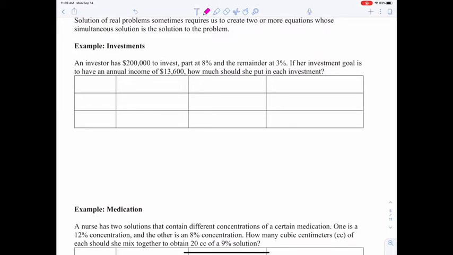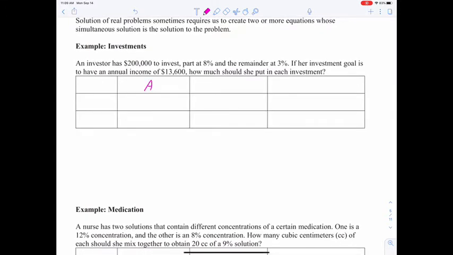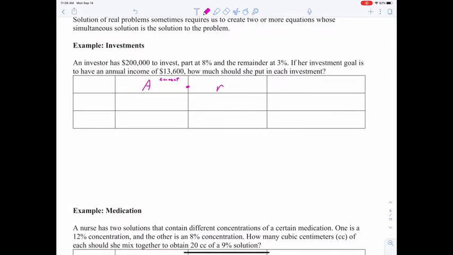So we're going to use the equation, this one right here: A, amount of money, times, so I'm going to use the dot for times, R, which is the interest rate, equals I, the amount of interest earned.